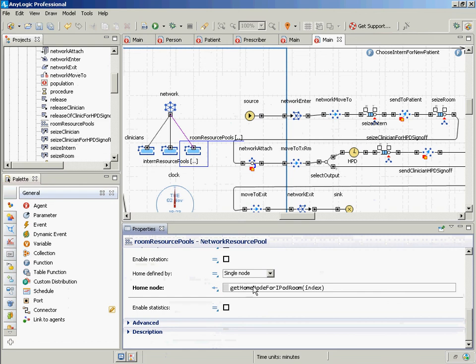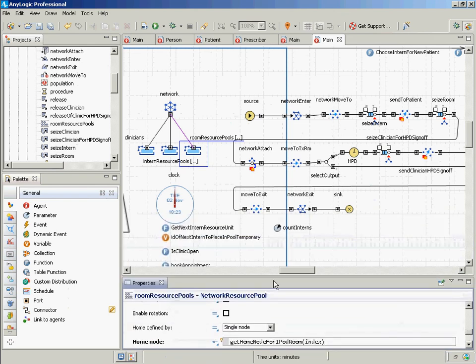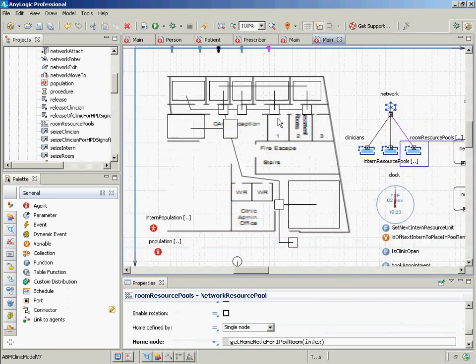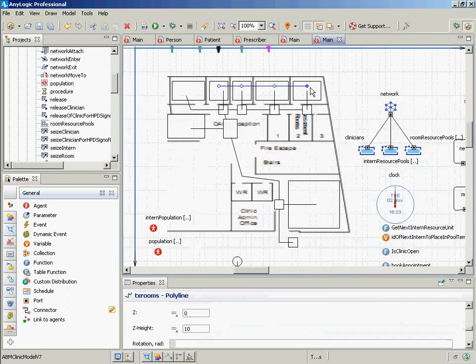Okay, and you can do that for the various rectangles, and then you can specify these paths which run through the facility, which represent travel lines, and those paths link in at these sort of juncture points with subpaths going to each of these rooms. And AnyLogic will actually take care of all the routing from one area to the other.